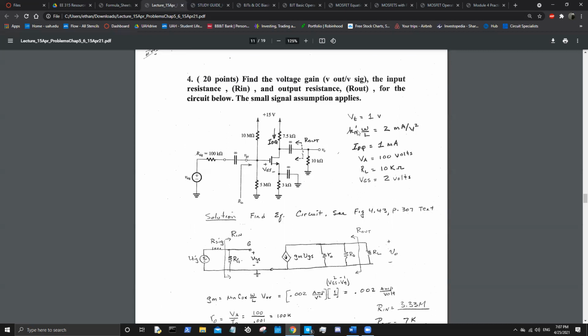Exactly. Also, ignore where it says to find the equivalent circuit, see figure 4.43, page 307. That's outdated, because page 307 is not even in chapter 5. All right, so we've found where the IDQ comes from, and that's up here.